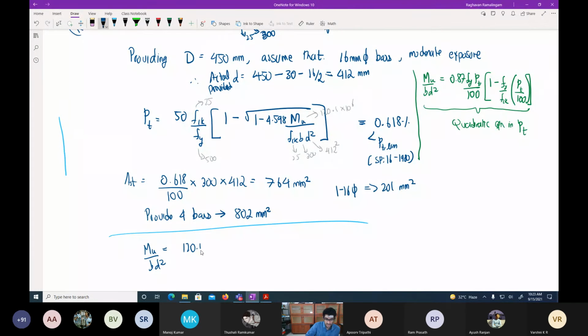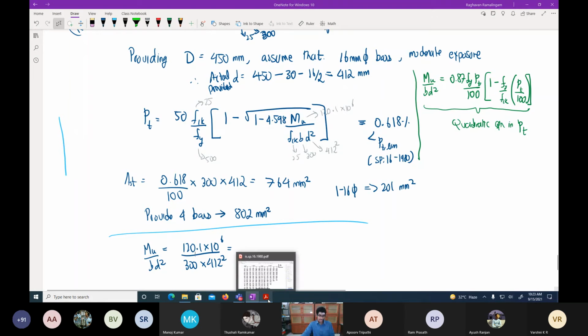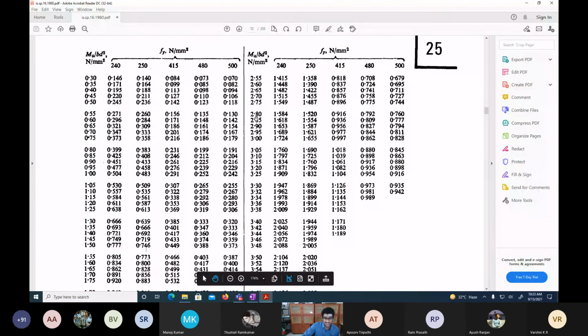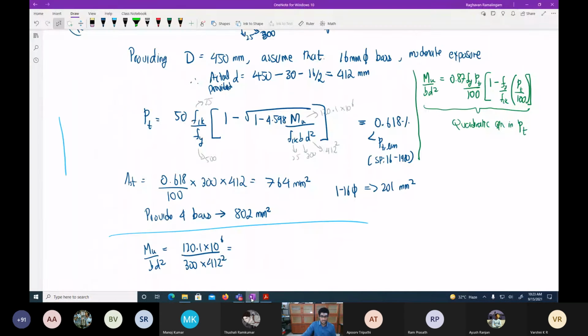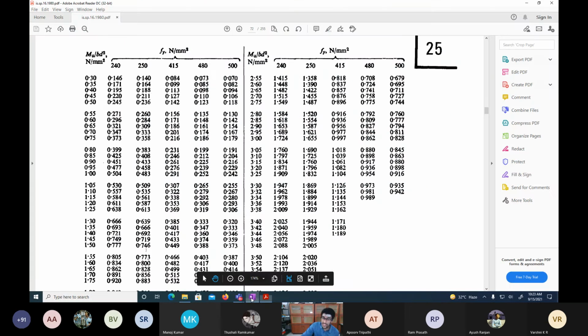MU is 120.1 into 10 power 6, B is 300, so this is 412 square. How much do I get for this MU by BD square? (120.1 into 10 power 6 divided by 300 into 412 square).